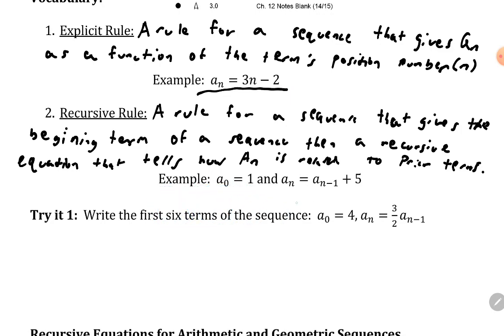And then they tell you that to find the next number, you're going to take 1 and add 5. And then to find that number, you take that number and add 5. And you keep on going and going. So if I needed to find the 20th term, I would need to know the 19th term. And to know the 19th term, I need to know the 18th term, and so on and so forth.